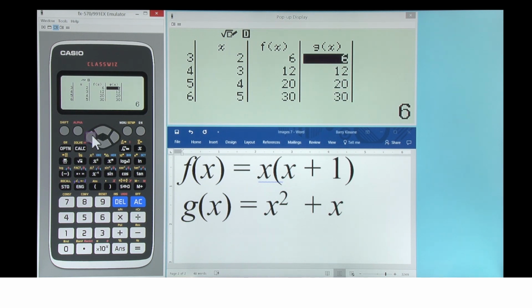As you can see. And indeed, if we change the value of x to being something not an integer, then the same is still true.